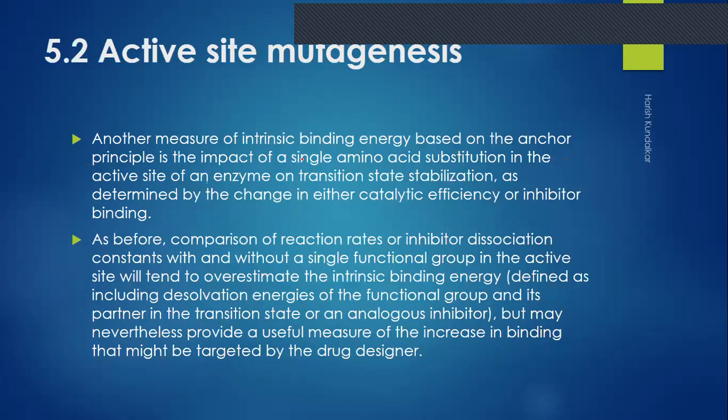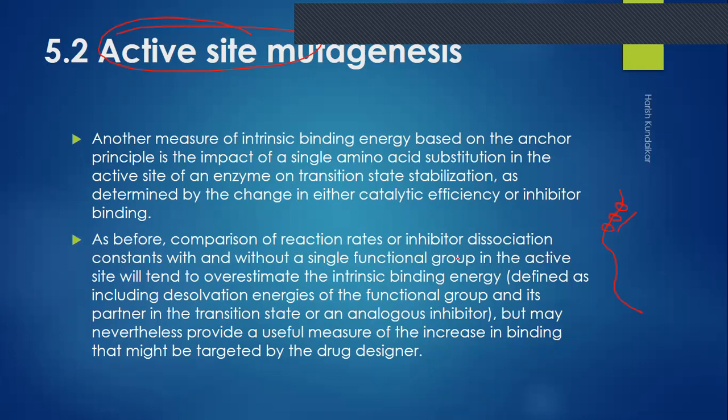And then active site mutagenesis, we have already talked about this some time back. We have the protein, the receptor to which the ligand is binding. If a ligand is binding to the receptor and we change the active site amino acids, then what effect will it have on the binding of the ligand with the receptor?